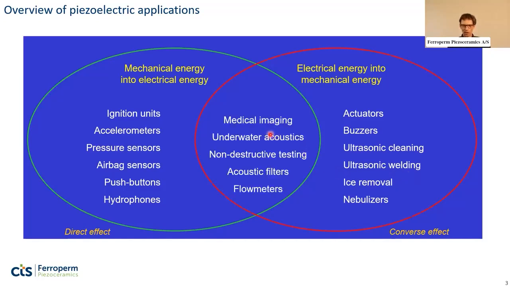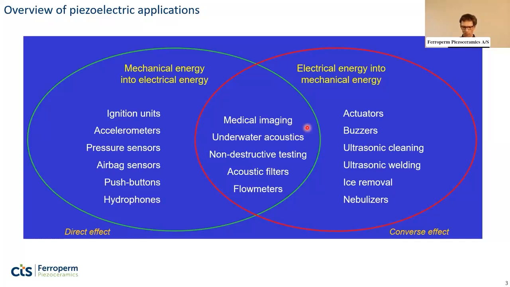For example, in medical imaging, you use the converse effect to generate a sound signal, and then you use the direct effect to convert the sound signal into an electrical signal. Basically, a similar principle is used for underwater acoustics or non-destructive testing, as you'll see a little later.